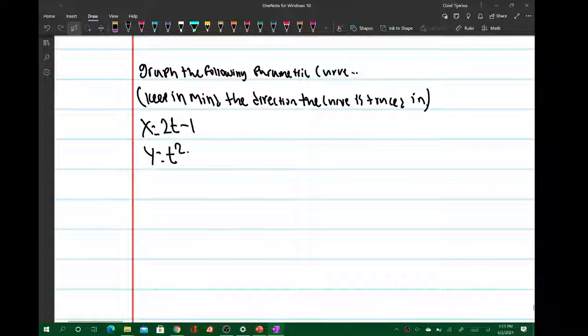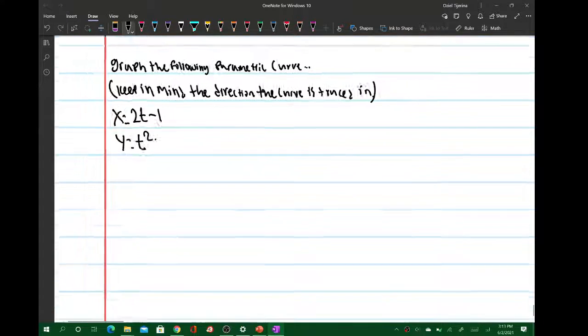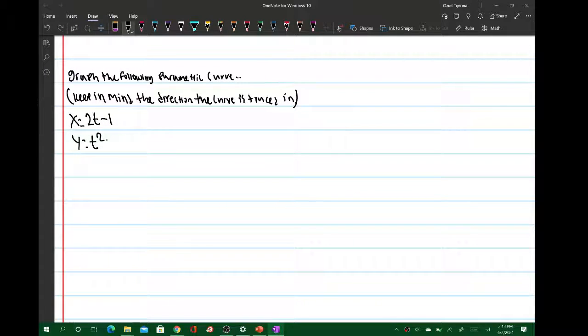Now, the reason why I worded this question the way I did is to give you a hint. However the curve looks, let's say this curve was really a parabola, you have to not just graph the parabola, but put little arrows that indicate where the curve is being drawn in.